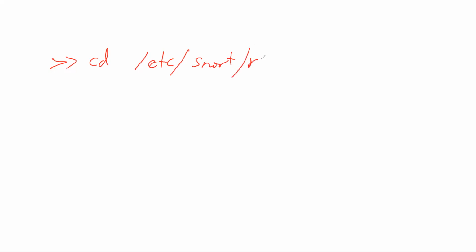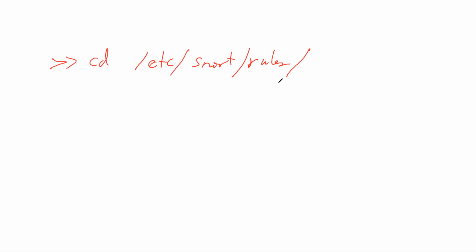You'll have to check. If you're using the 2004 VM, it might have a slightly different place; I haven't checked yet where things are there. But usually they are in /etc/snort/rules, and that's it. So that's /etc/snort/rules in your file system, after you have installed snort, which I don't know that it comes pre-installed on the VM, so you'll have to double check on that one.